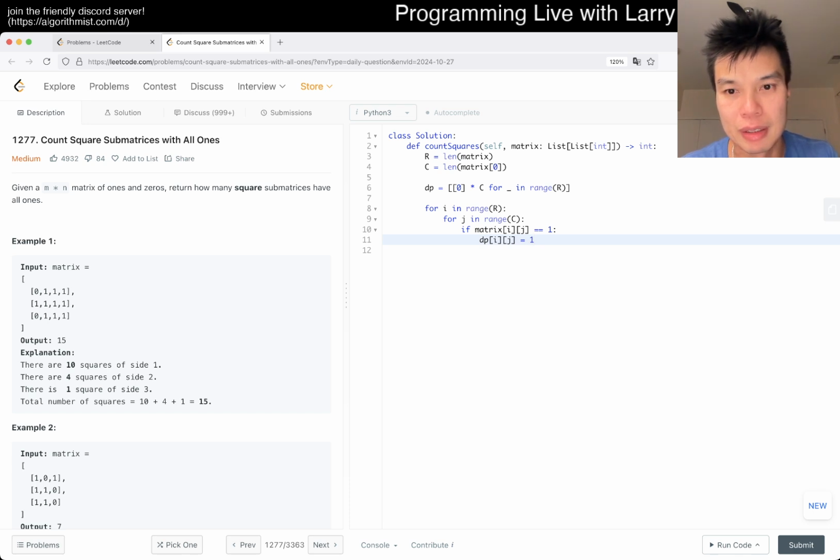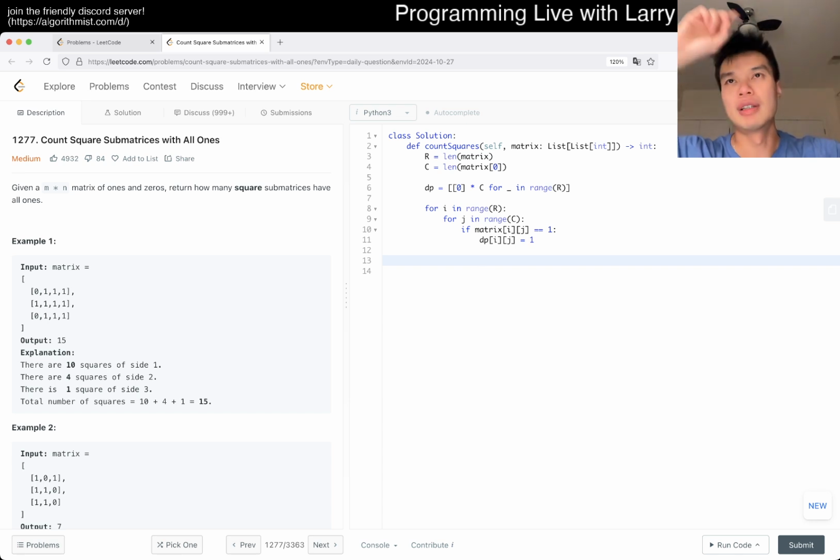And then you think, okay, what is the biggest square on the upper left, on top and to the left, right?